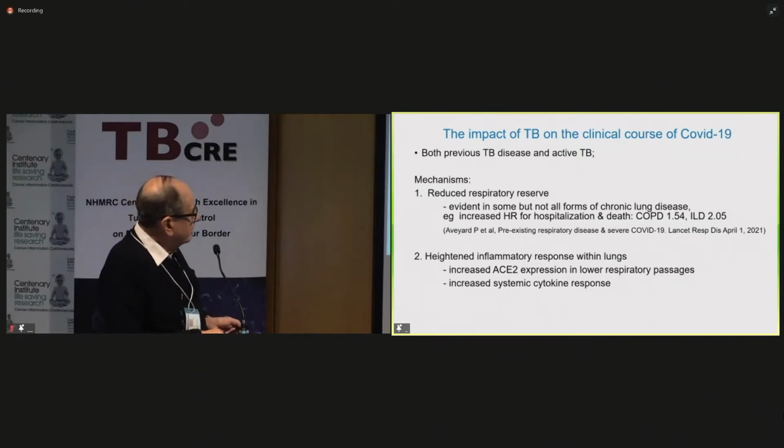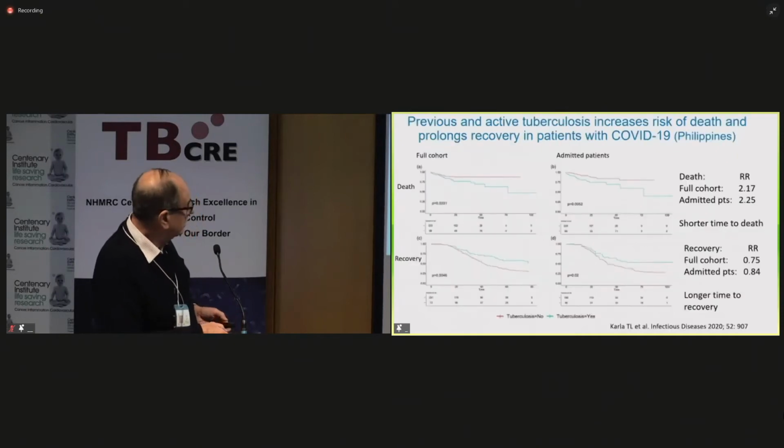So more rapid progression from upper airways infection to lower airways infection is possible. And of course, a heightened inflammatory response is associated with increased cytokine response. And so both of these mechanisms may be increasing the susceptibility of TB patients to poor outcomes.